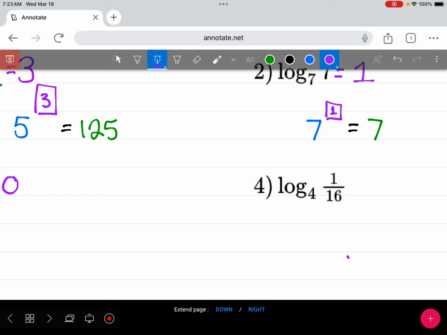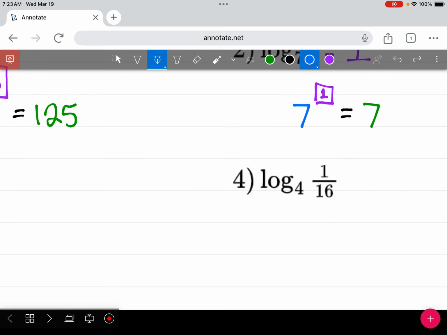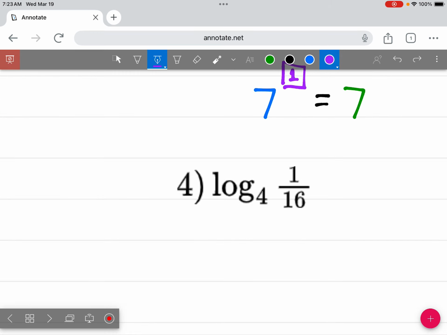And for number 4, we get 4 to what power equals 1/16. -2, because the negative is what gives us that fraction, and 4 squared gives us 16.